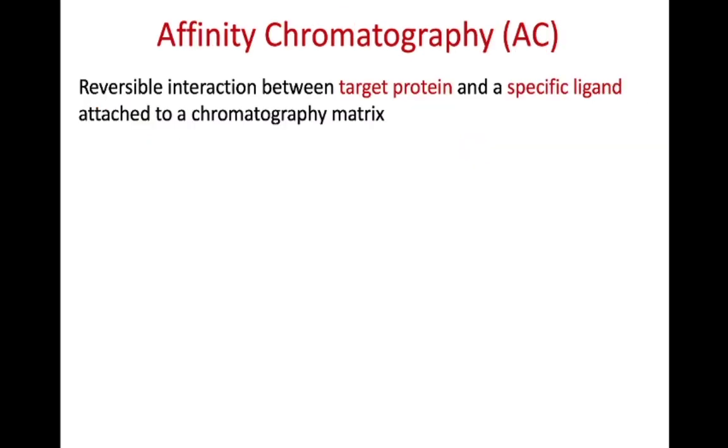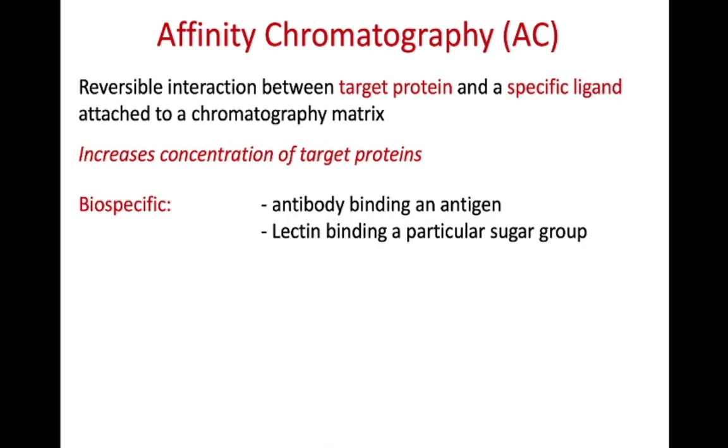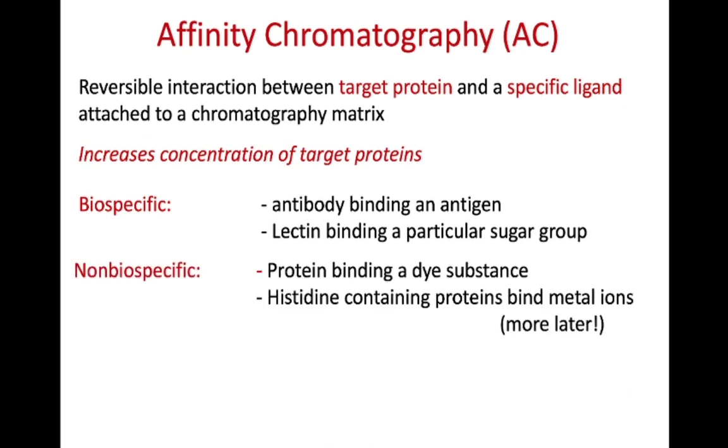Focusing now on affinity chromatography. Affinity chromatography essentially is the reversible interaction between a target protein and a specific ligand attached to the chromatography matrix. This increases the concentration of target proteins. It is biospecific, so it relies on an antibody binding to an antigen, or a lectin binding to a particular sugar group.